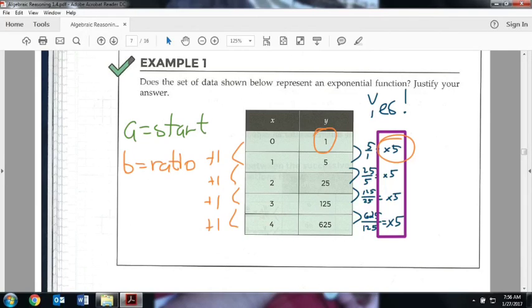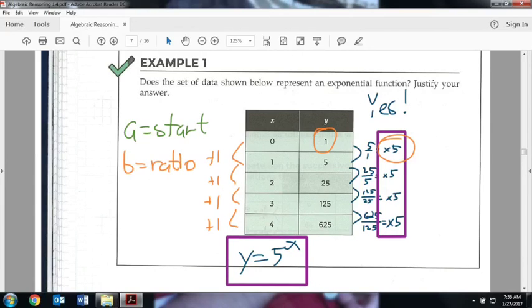And your ratio is 5, so B is 5. So y equals 1 times 5 to the x. And we don't have to write the 1 because 1 times doesn't do anything, so I'm just not going to write it. 5 to the x, and that would be your equation.